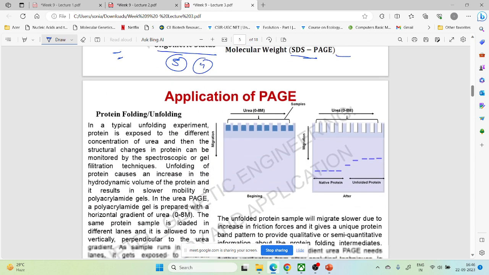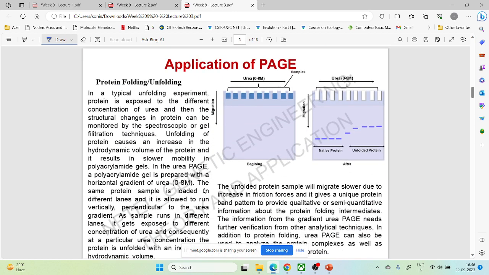Then we have discussed that PAGE can be used for determination of the folding status, with the help of urea. As we increase the concentration of urea, the protein starts unfolding, and the migration also differs.